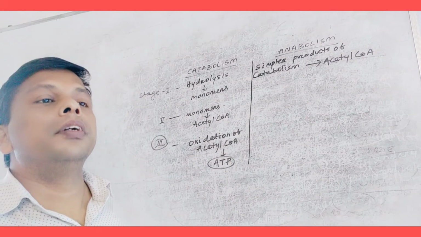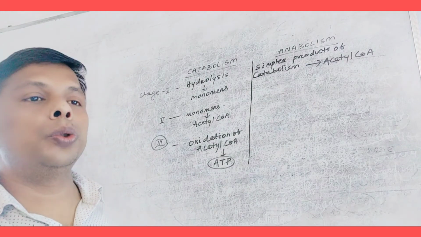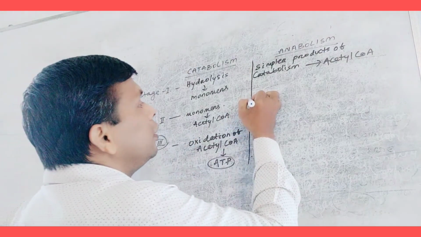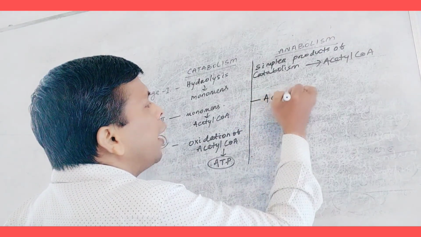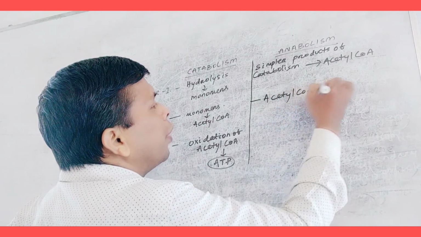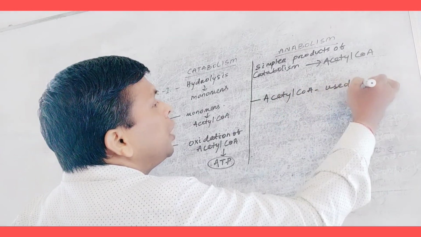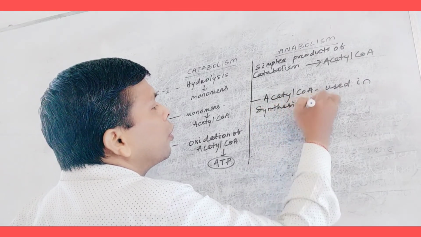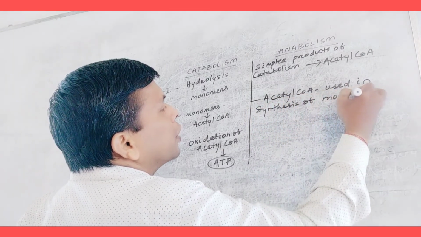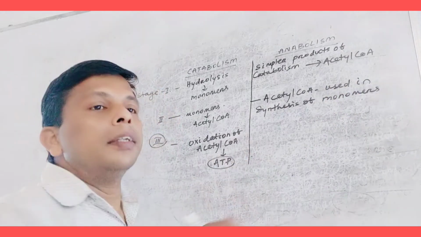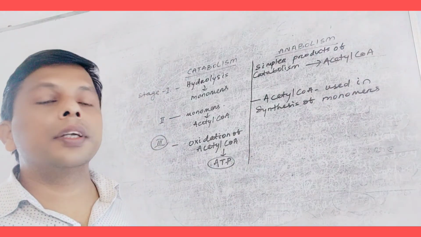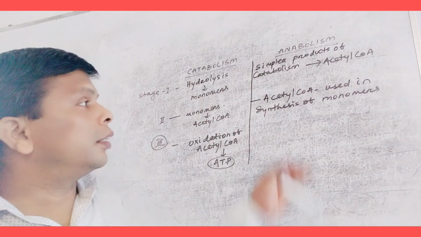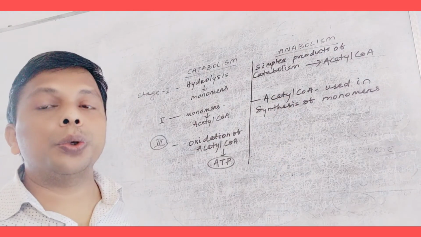Okay. Then what happened in stage 2? Acetyl coenzyme A is used in the synthesis of monomers. Completely reversal. Monomers such as amino acids, sugars and fatty acids are synthesized at stage 2.